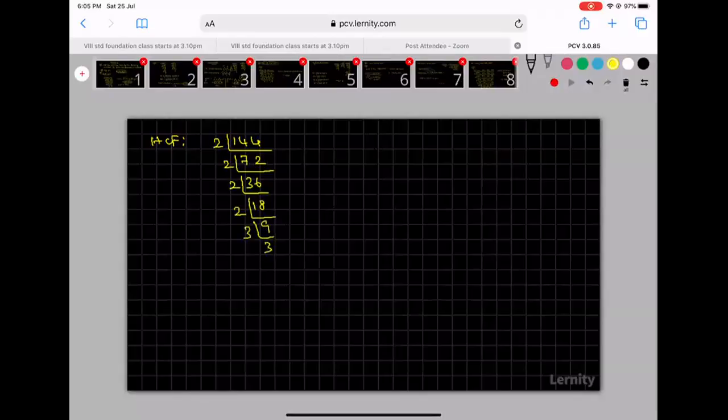So I can write this 144 is equal to 2 into 2 into 2 into 2 into 3 into 3. Then next second one is 126. 126 divided by 2, we are getting 63. Then 9. Here I am getting 3 3.